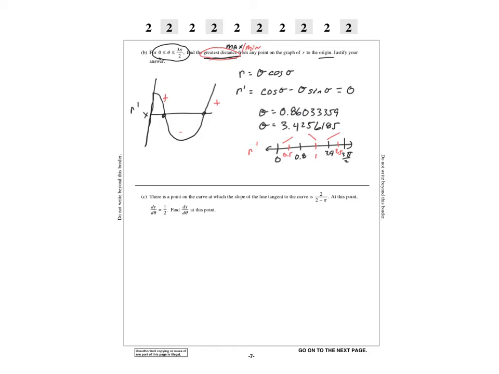Or what is that r? I guess technically it's an r, right? What is that r value going to be at these points? So then I'm really looking at what is r of 0, what is r of the 0.86 number, what is r at the 3.4 number. Oops, sorry about that, I didn't do a parentheses.